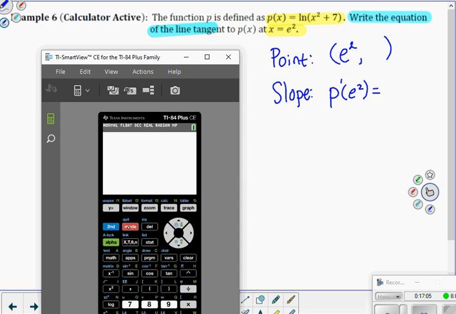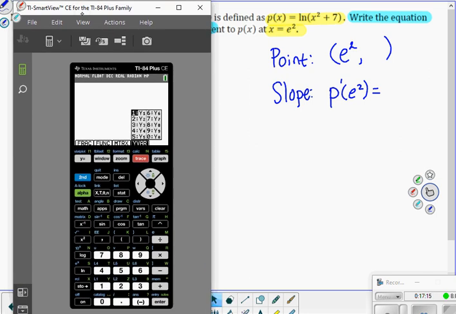Now, I want to evaluate y1. How do I get to y1? I go alpha f4. So I get trace, and then I've got to grab y1. I want to evaluate it, so use a parenthesis, so we can go y sub 1 of, and I'm going to put the e squared in, and that's going to give me my answer in the calculator.